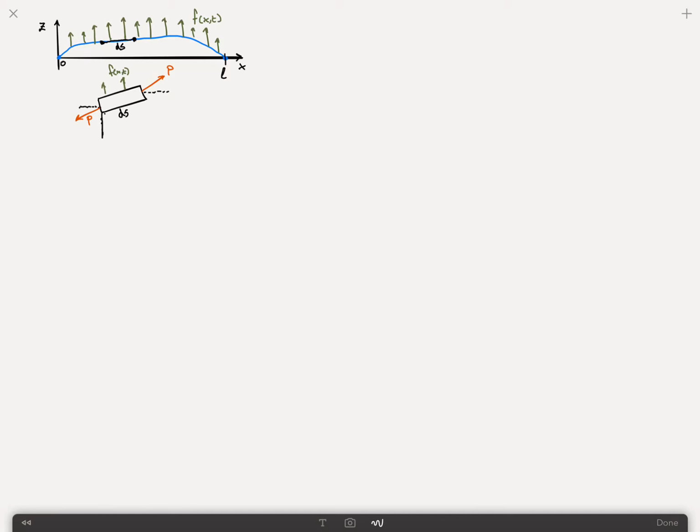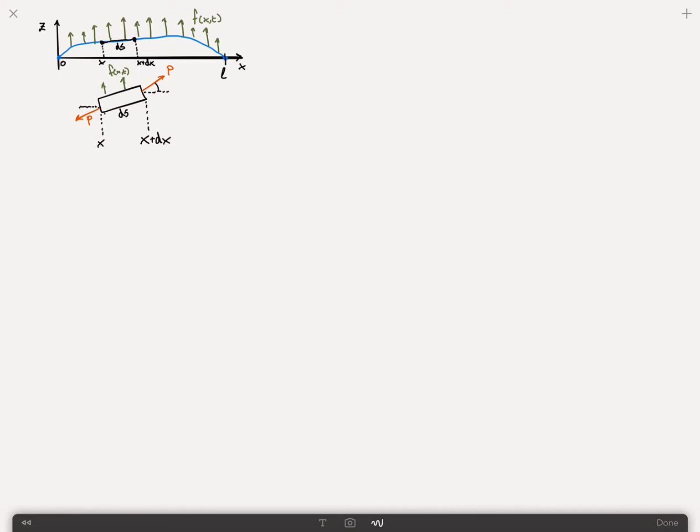And this edge of the string is at x. In fact, I'll draw it up above first. That's x. And the end of the string is located at x plus dx. And then what I'll do is just do it on this diagram below too. So the left edge of the differential element is located at position x, and the right end is x plus dx.